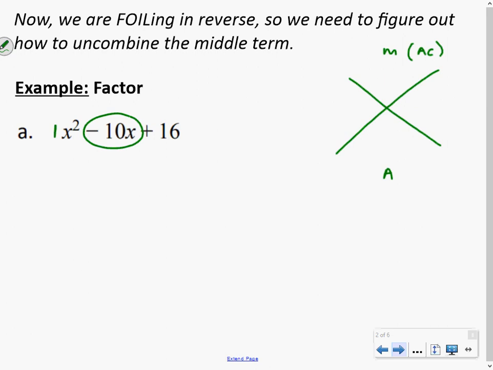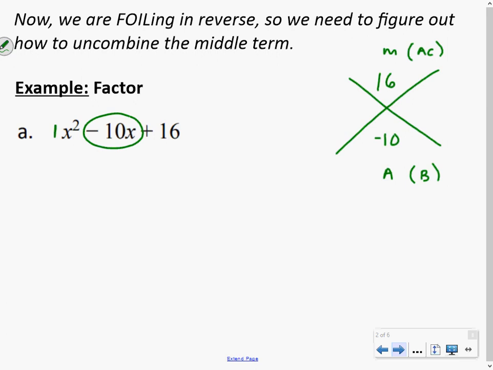So we need to find 2 numbers that multiply to 16 and add together to give us our b value of negative 10. The 2 numbers that multiply to positive 16 and also add to negative 10 are the 2 numbers that I will use to split my negative 10x into 2 parts.